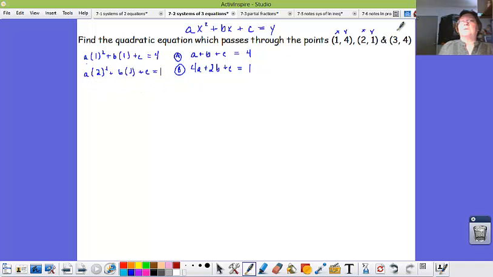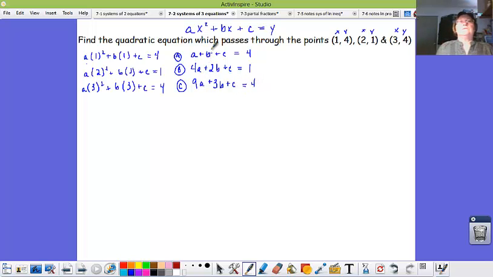And the last xy pair that we have that we can use, x is 3 this time, so a times 3 squared plus b times 3 plus c has to equal 4. And here comes the last of our set of 3 equations, 9a plus 3b plus c equals 4.